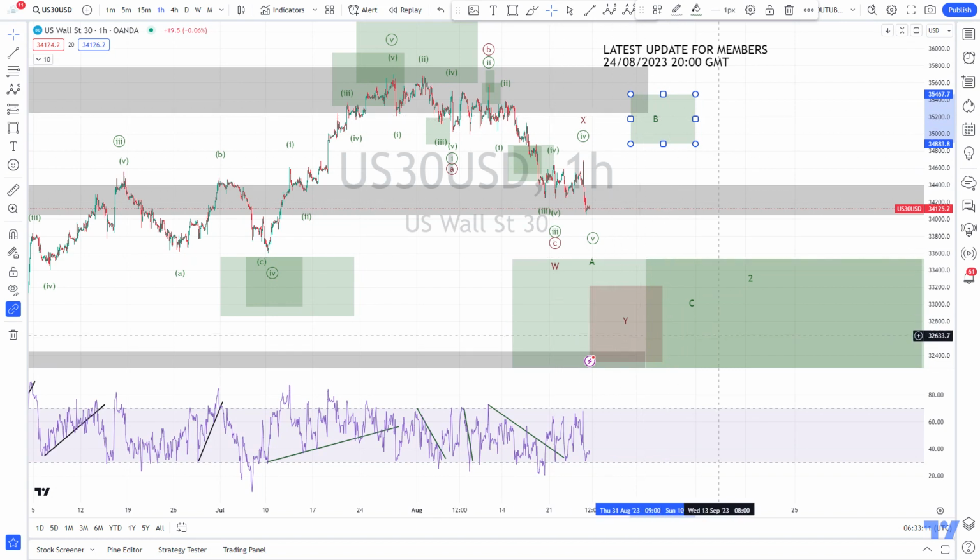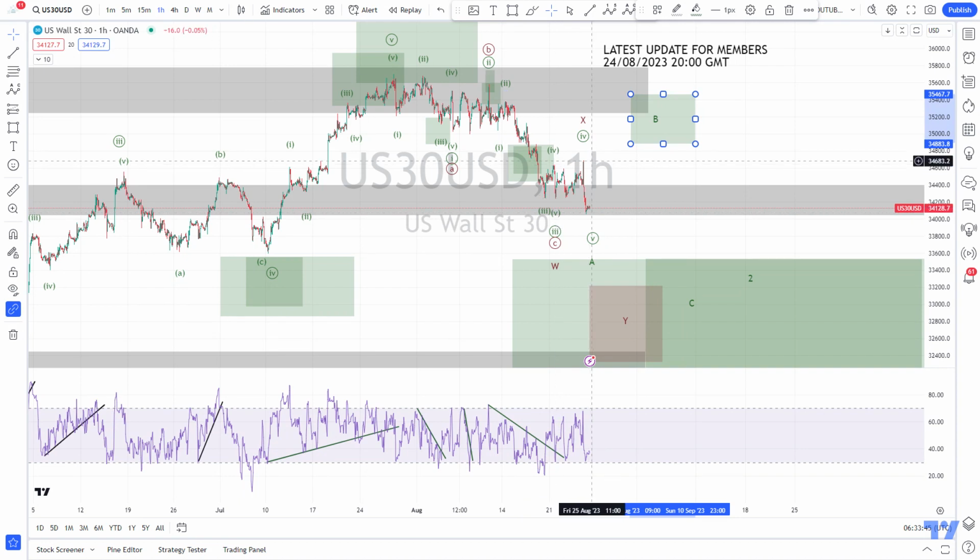So ABC, and then we also have to take into account that this could play out. It's not my primary scenario. We did not go into the zone of a wave X, but unfortunately financial markets can also give us shallow, misleading retracements, and then this could also be a scenario that plays out, which is the W is in here as an ABC, which was my primary scenario until yesterday.